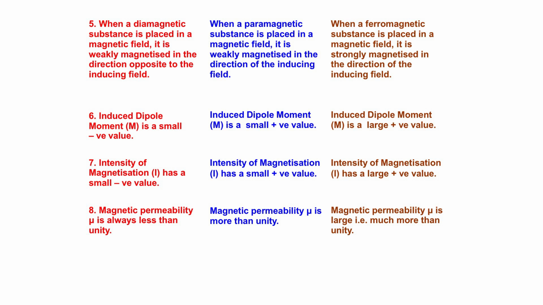And kappa means the susceptibility. The susceptibility of diamagnetic substances is negative and very small, but for the para and ferro it is positive with a much larger value, and the strongest value of kappa is for the ferromagnetic substance.